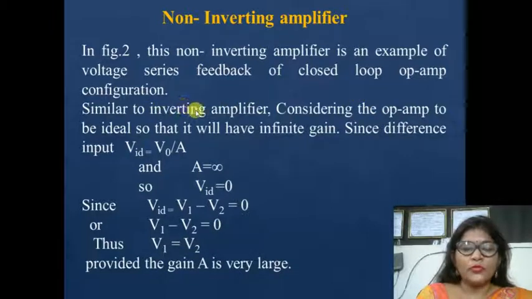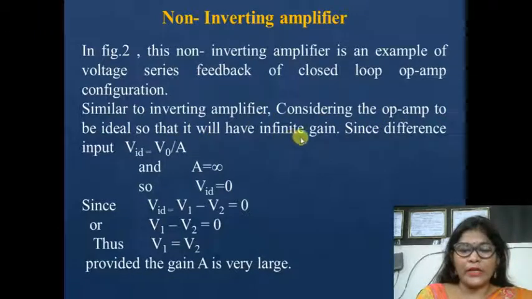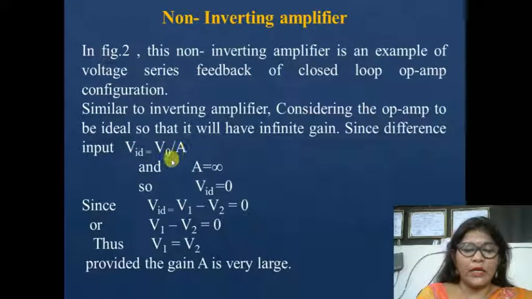Similar to the inverting amplifier, considering the op-amp to be ideal, it will have infinite gain. Therefore, the input differential voltage is equal to V naught upon A, and here A is equal to infinite, so VID is equal to 0.